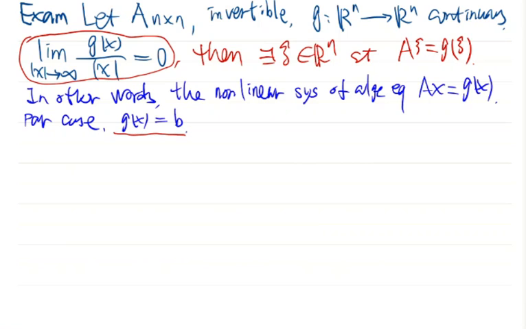This is just the conclusion of Cramer's law in linear algebra. So this result can be considered as a nonlinear generalization of Cramer's law. Now we want to prove this result. Of course, we want to apply the Brouwer fixed point theorem.